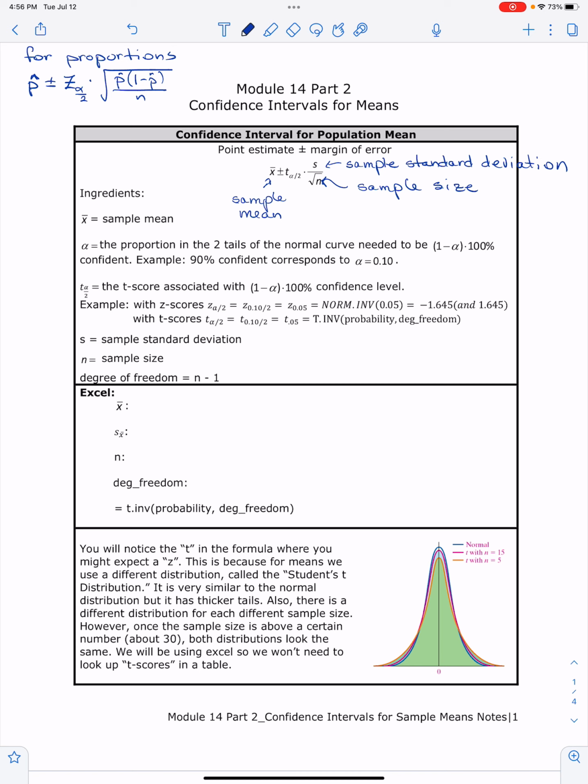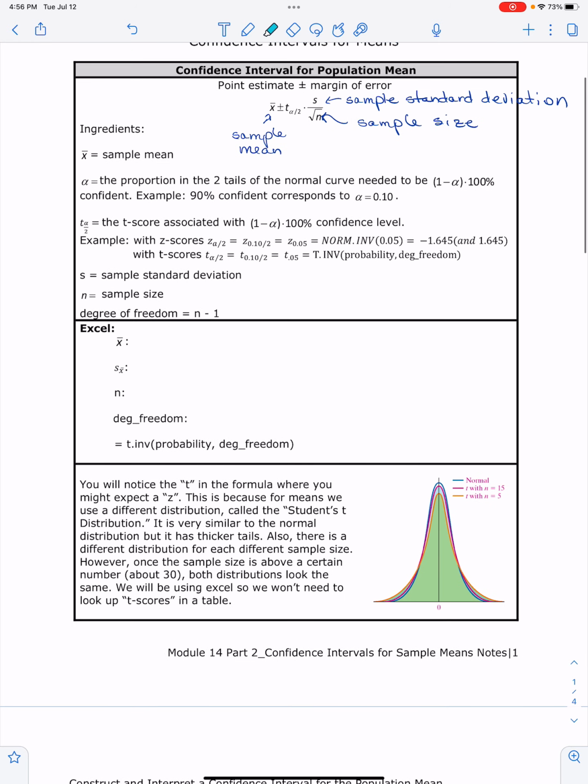Now there are two main reasons we use the student t distribution, and we're going to pop down here for a minute. You'll notice it looks similar to the normal distribution.